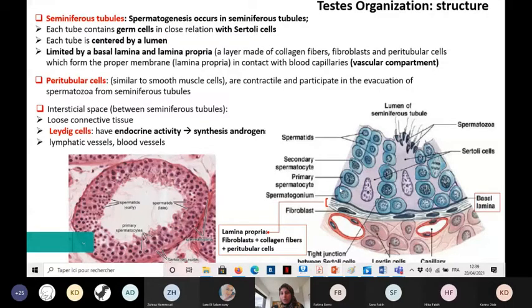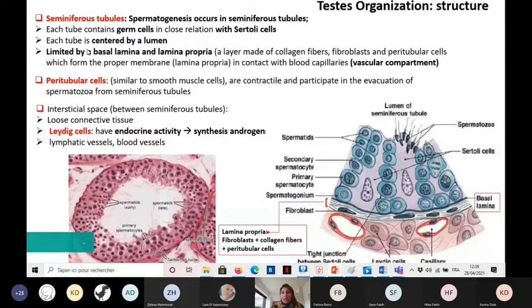The most stem cells, we will find them directly adjacent to the periphery of the seminiferous tubules. And the more they get mature, the more they will migrate toward the lumen of the seminiferous tubule, and we will find them closer to the lumen.